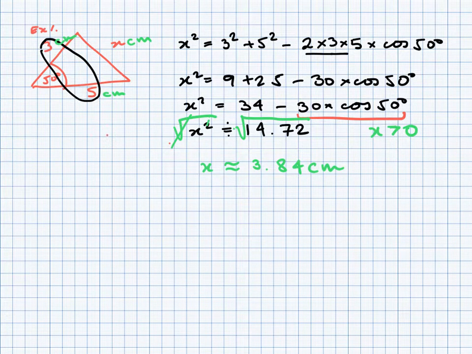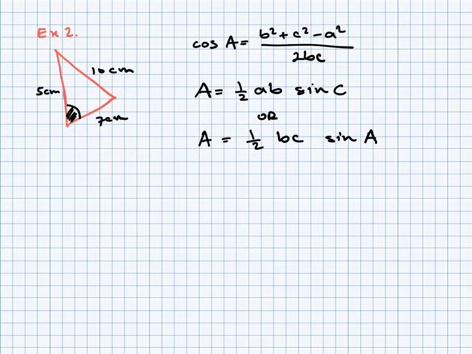So that would be the first example, when you do have two sides given and an angle, and we wanted to find the other side. Now let's go with example 2. This question is asking us to find the area of this non-right angle triangle.